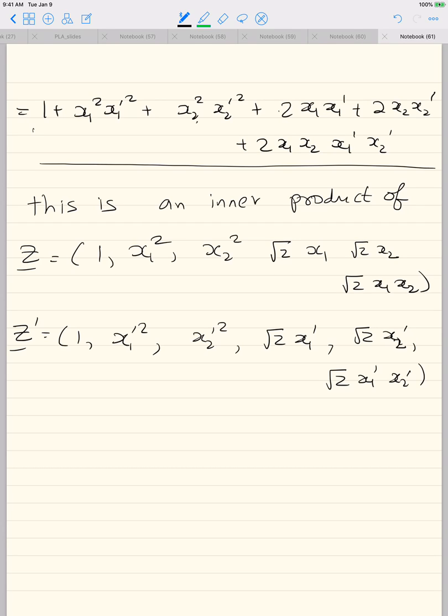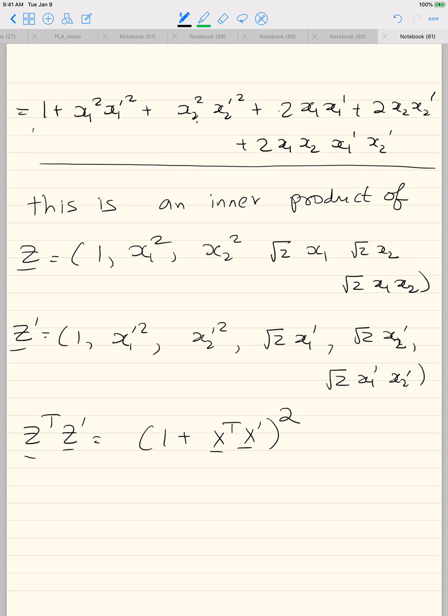If z and z prime were these vectors, then their inner product was exactly 1 plus x transpose x prime, squared.